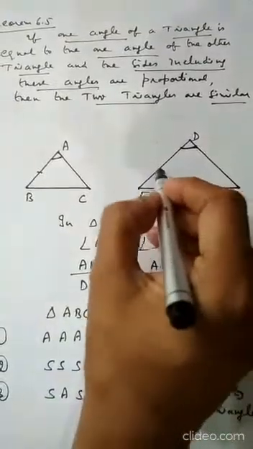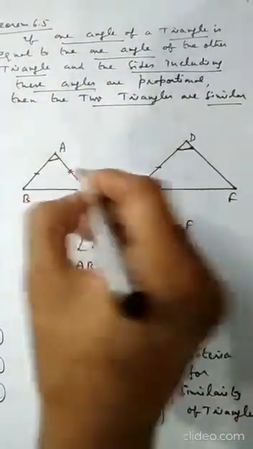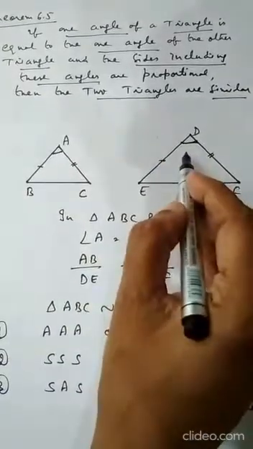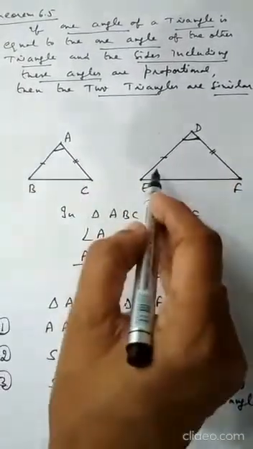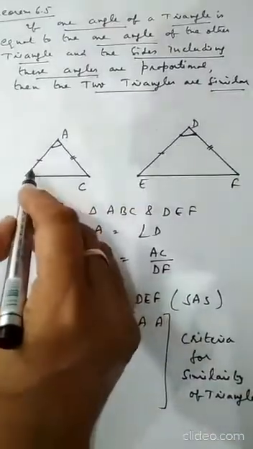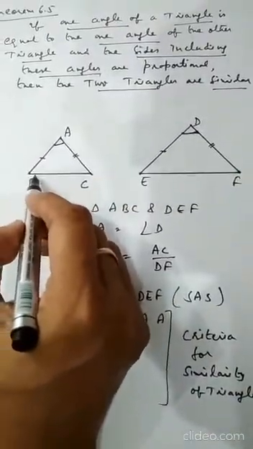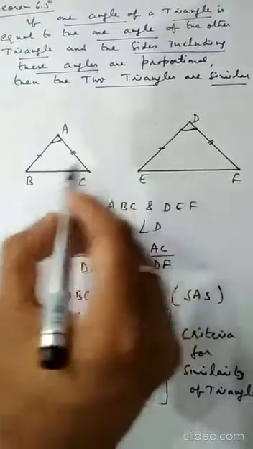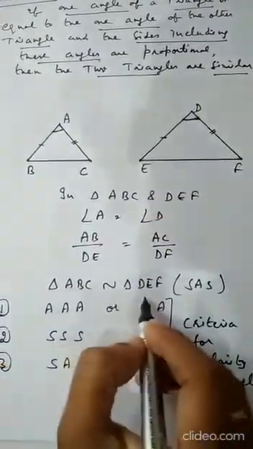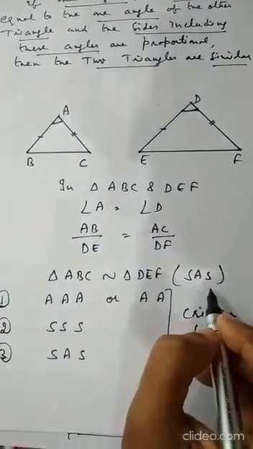AB by DE and AC by DF. If we are taking angles A and D, we will use the sides AB by DE is equal to AC by DF. Suppose I am taking angle B, then I will use AB by DE is equal to BC by EF, and triangles are similar by SAS.